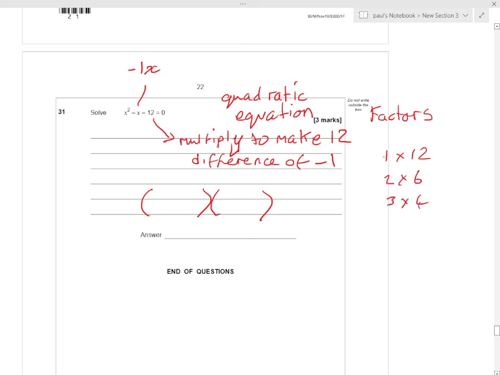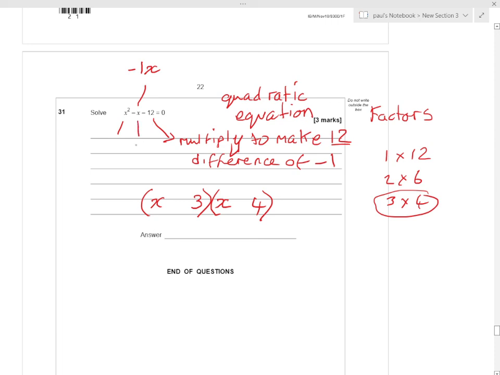Now, all these multiply up to make 12, yeah? But only one of them has a difference of 1. 3 and 4 have a difference, so we've got to have a 3 and a 4. x squared is x times x. Now where to put the minus signs and plus signs?